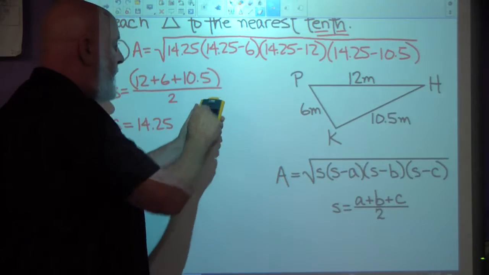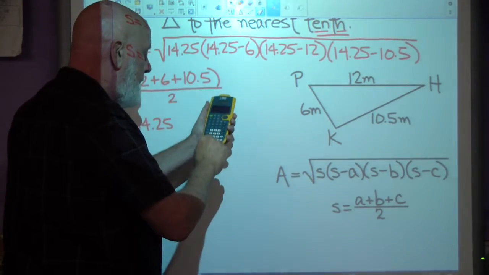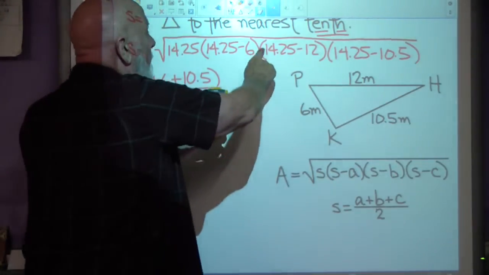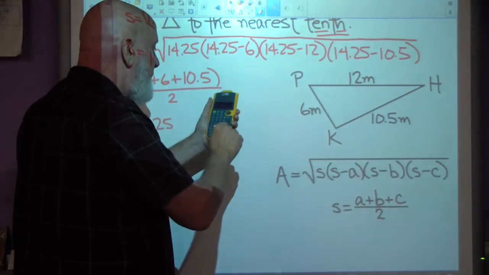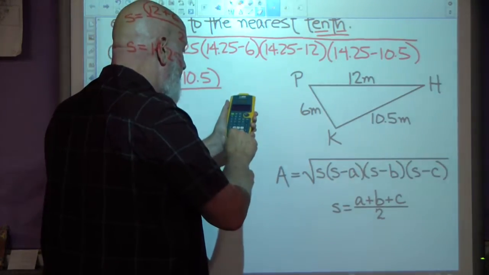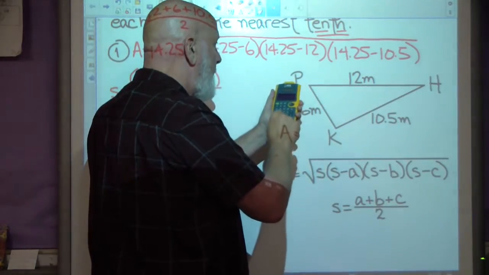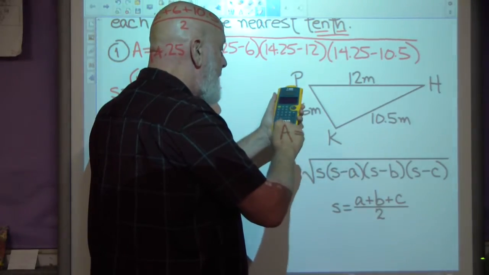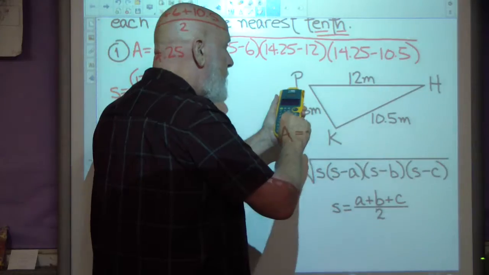So here I go, 14.25, open parentheses, 14.25 minus 6, close parenthesis, open parentheses, 14.25 minus 12, close parentheses, open parentheses, 14.25 minus 10.5, close parentheses.